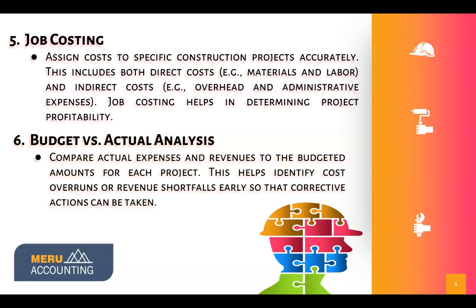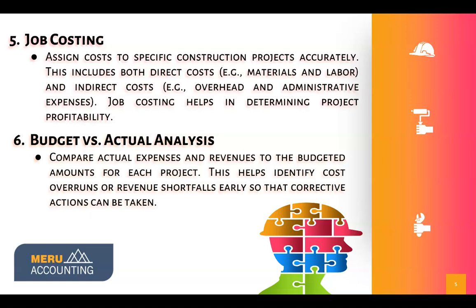This tracking aids in determining project profitability, facilitating informed decision making and resource allocation. By implementing effective job costing practices, businesses enhance financial transparency, optimize project budgeting, and maximize profitability in the architecture and construction industry.